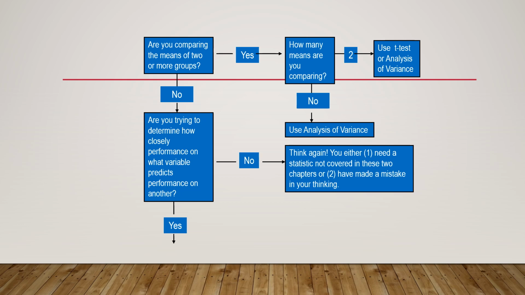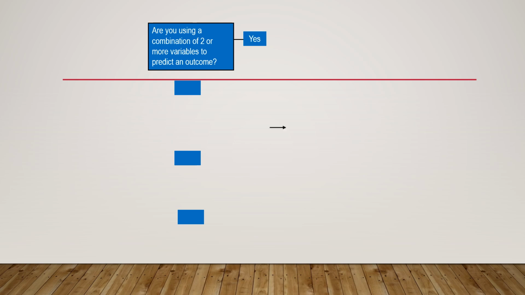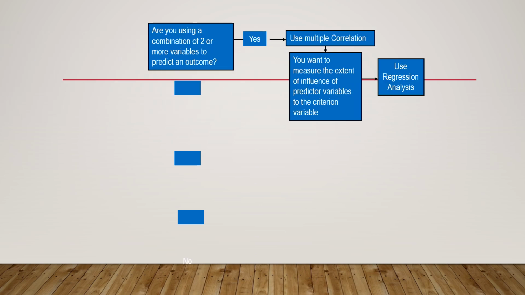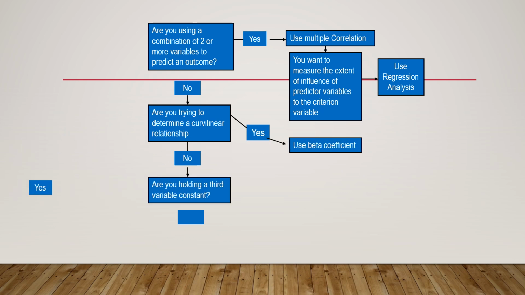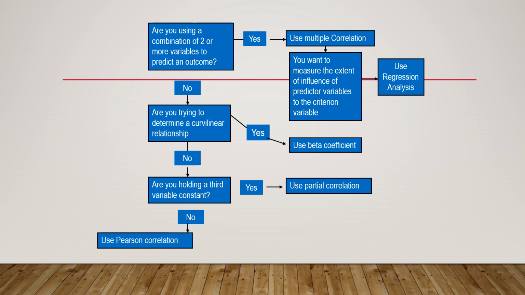If the answer is yes, are you using a combination of two or more variables to predict an outcome? If the answer is yes, use multiple correlation. If you want to measure the extent of influence of predictor variables to the criterion variable, then use the regression analysis.